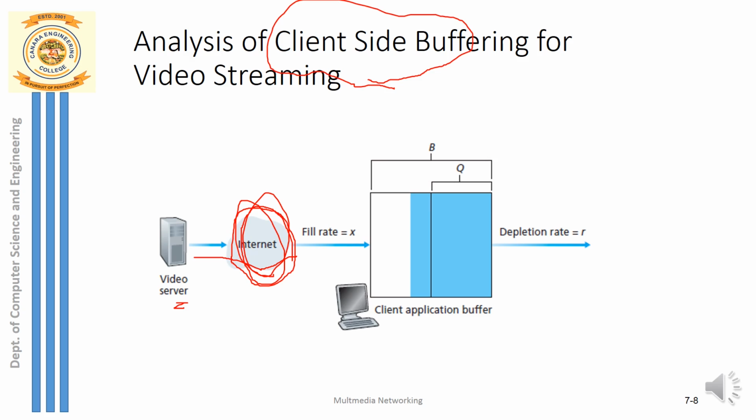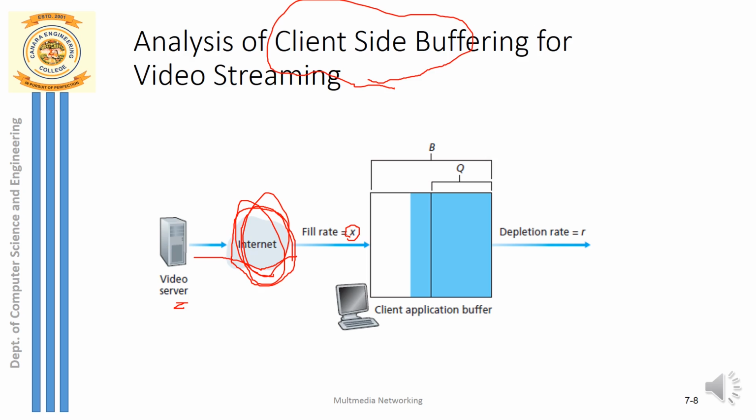Now the server is sending the video file at the rate X. You can also call that the filling rate. Once the client is receiving the bytes, this is the client side buffer, where you have two portions.